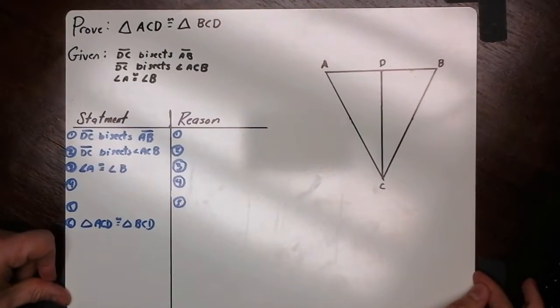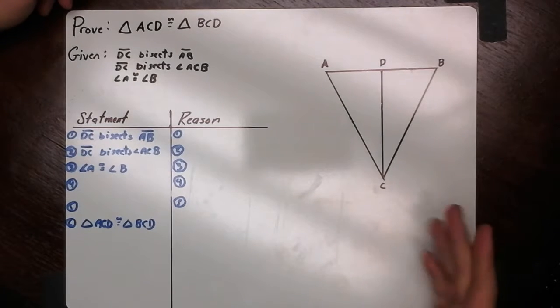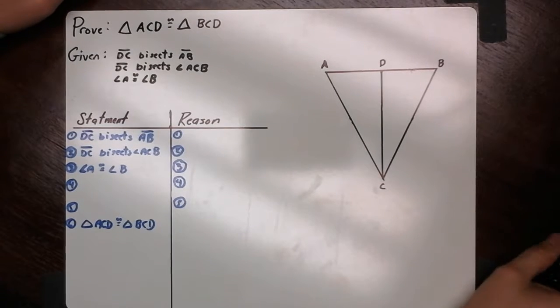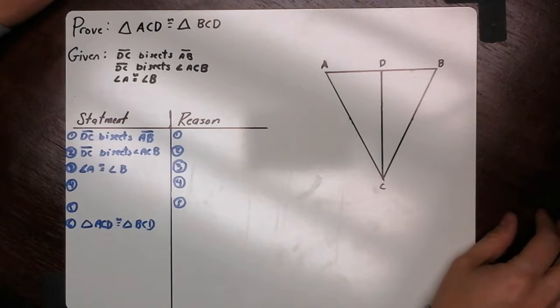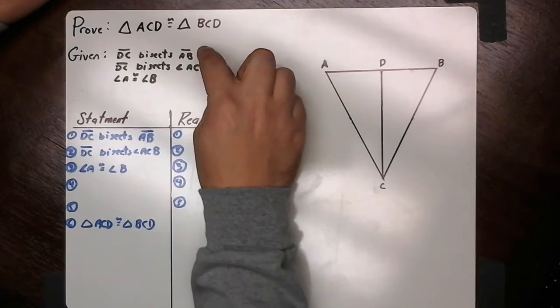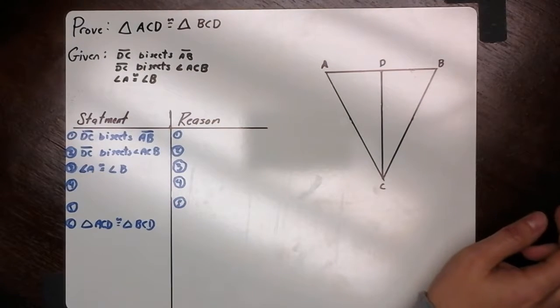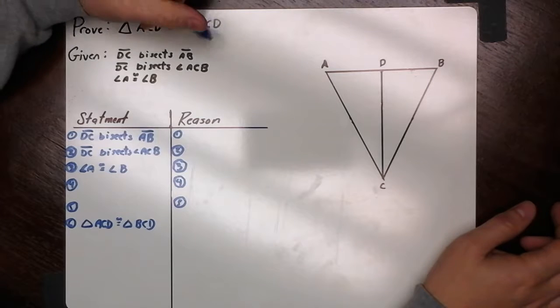Okay, so here's a kind of a viable proof I wrote out to use both bisectors of a segment and bisectors of an angle. Here is the segment. So this is the segment bisector here.